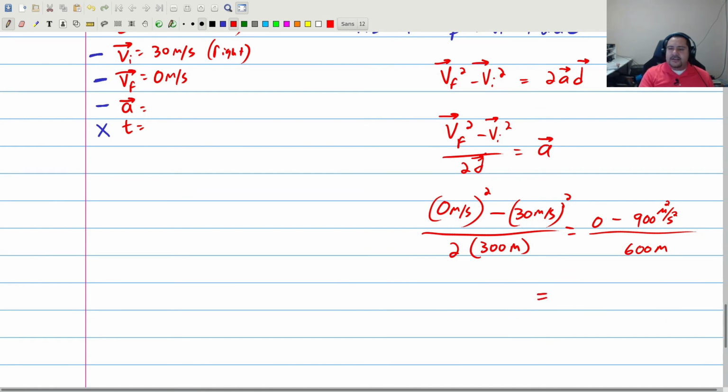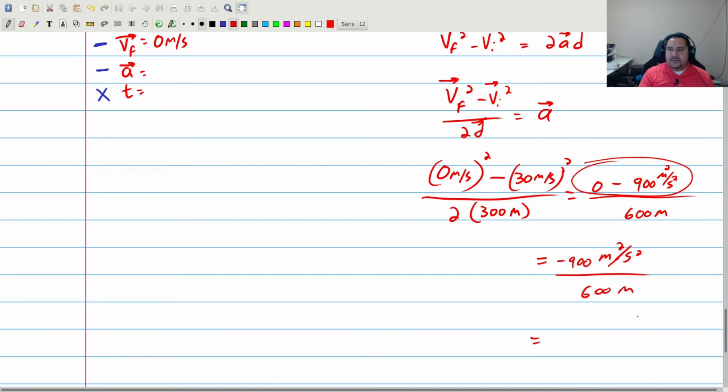All right, you'll notice on top, this is negative. 0 minus 900 gives you a negative number. In fact, it's negative 900 meters squared over seconds squared, divided by 600 meters.